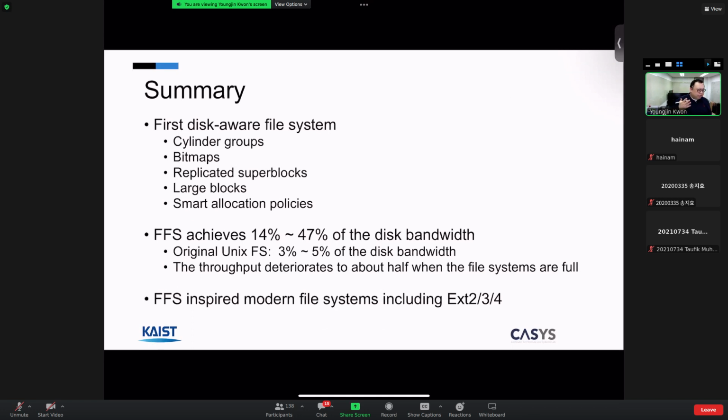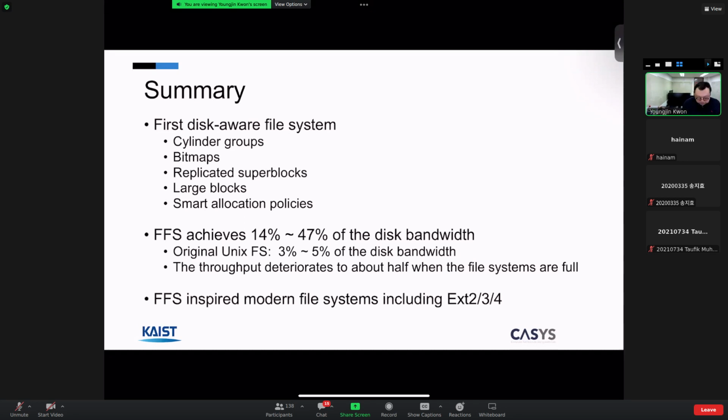So FFS first uses large blocks and fragments for allocating and reading performance. So large blocks provide the performance, and it uses the bitmap for contiguous allocation and uses block groups for disk-aware block management, which is called cylinder group and block group.